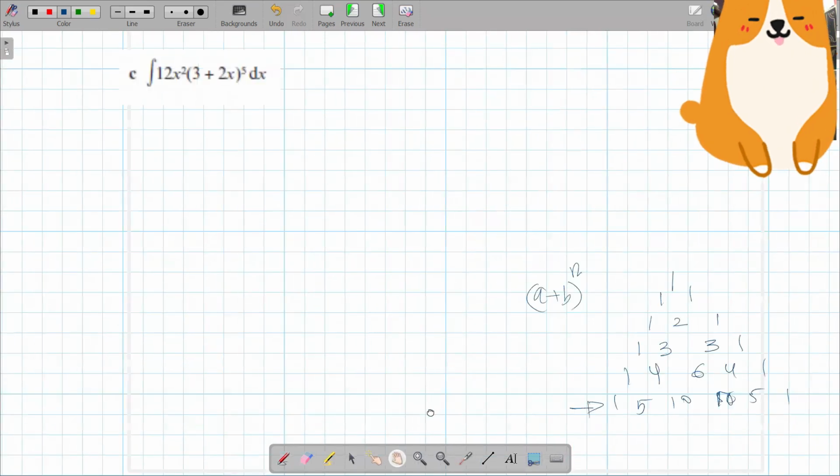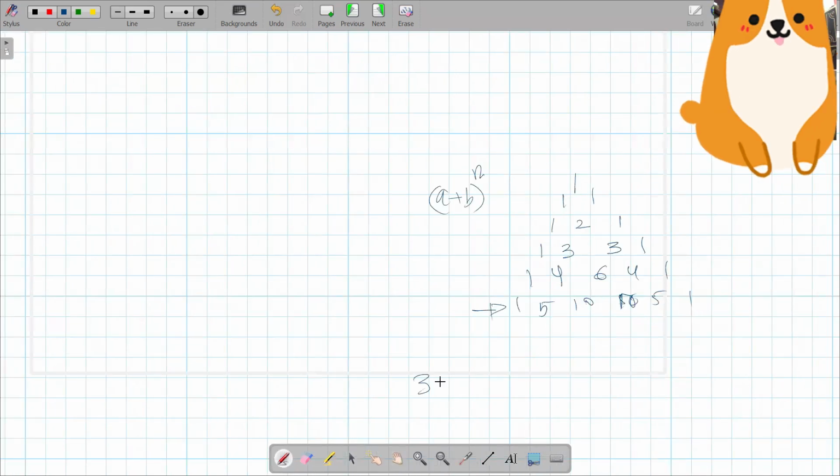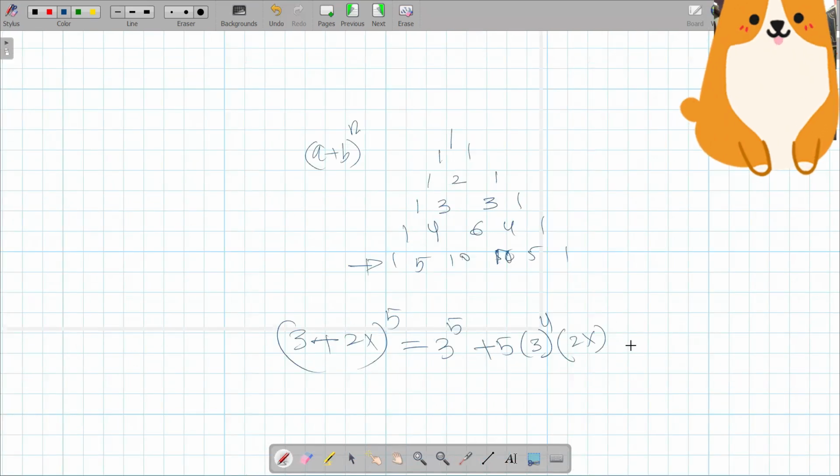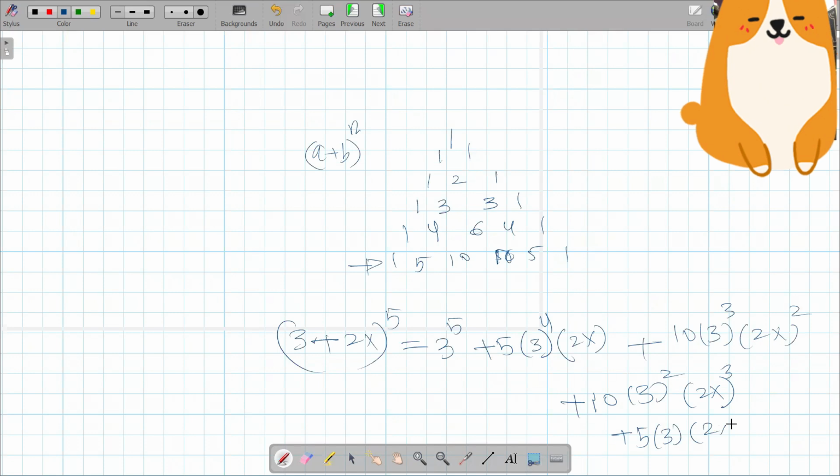So (3 plus 2x) power 5 will be 3 power 5 plus 5 times, reducing the power of the first term and increasing the power of the second term, plus 10 times 3 power 3 and (2x) power 2, plus 10 times 3 power 2 and (2x) power 3, and 5 times 3 power 1 and (2x) power 4, and finally (2x) power 5.